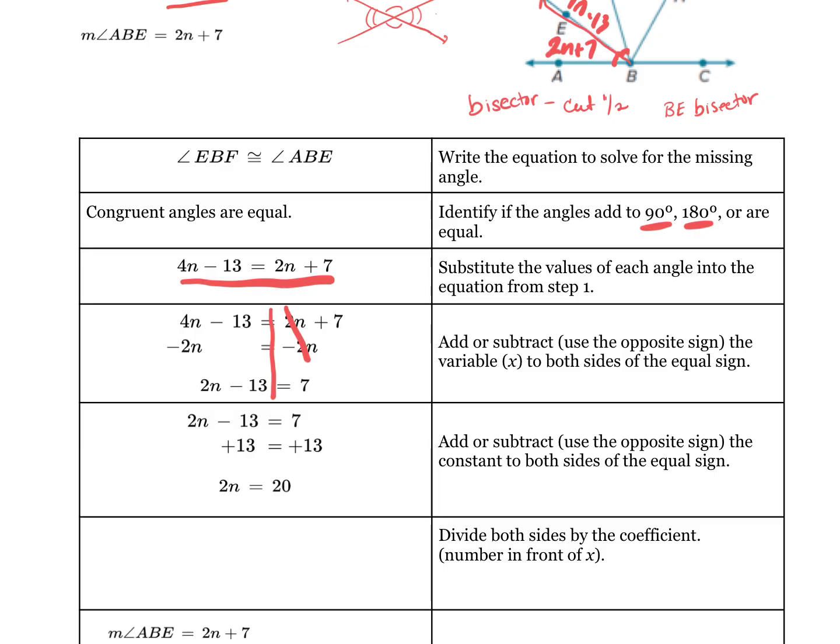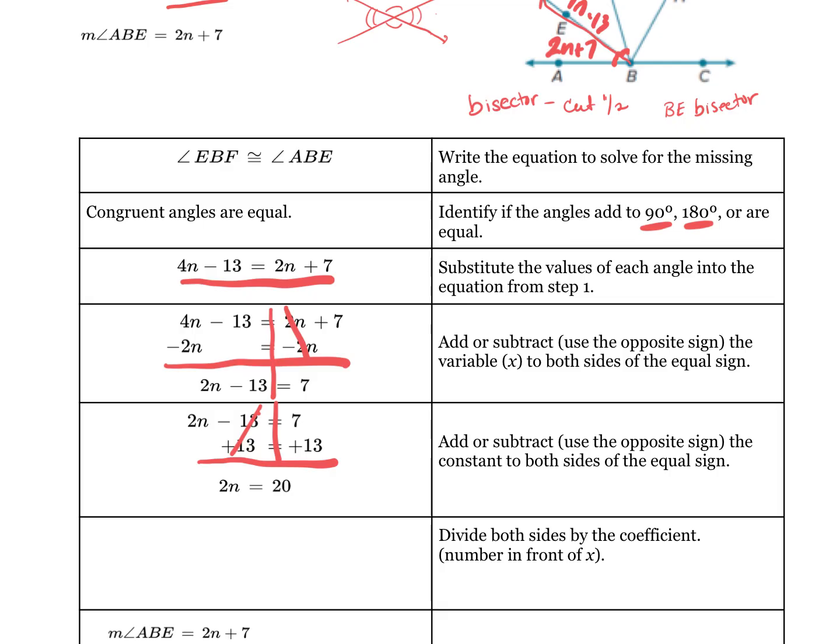So I subtract 2n from both sides, which leaves me with 2n minus 13 equals 7. And then I need to get the negative 13 to the right side of the equal sign, so that will cancel. So I add 13 to both sides, and 7 plus 13 is 20.